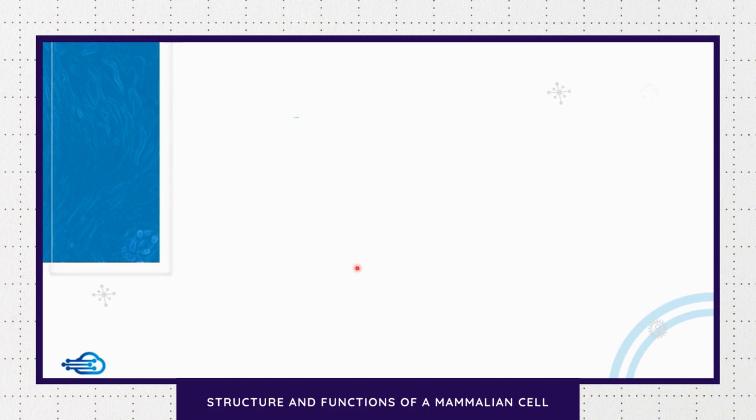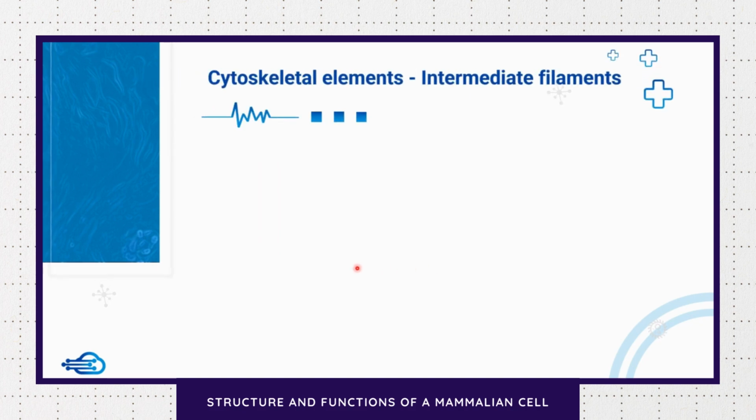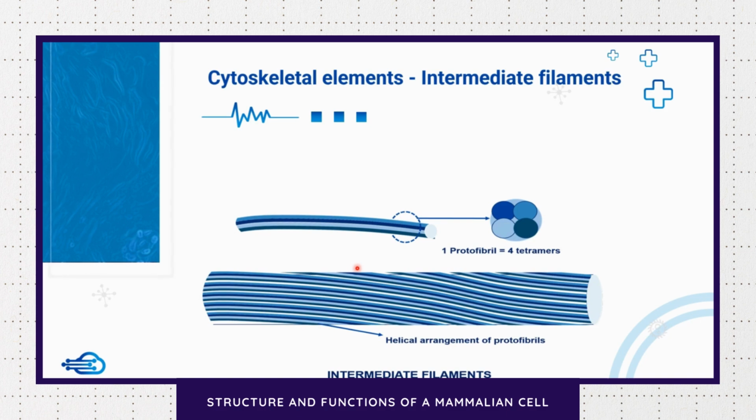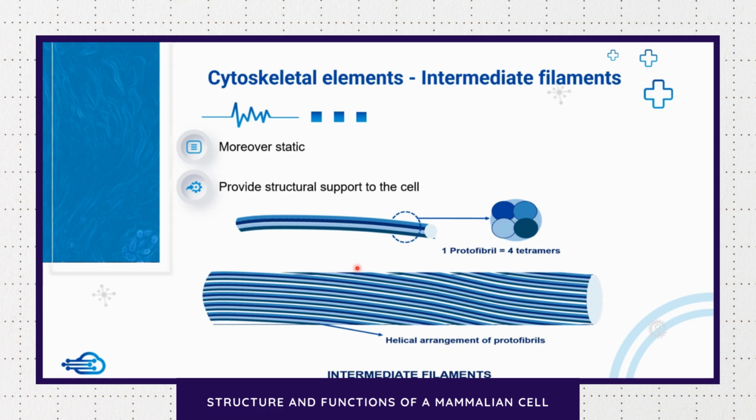Okay, coming to the final cytoskeletal element, that is the intermediate filament. Intermediate filaments are more or less static and they provide structural support to the cell. So, if there is a problem in the intermediate filaments, then the cells rupture more easily, and it has been found that in certain conditions there may be blistering of the skin if these intermediate filaments are abnormal.